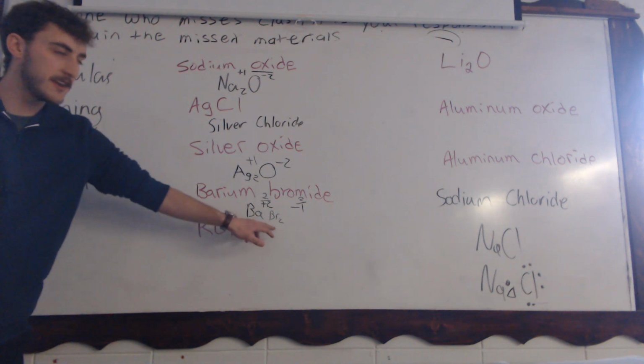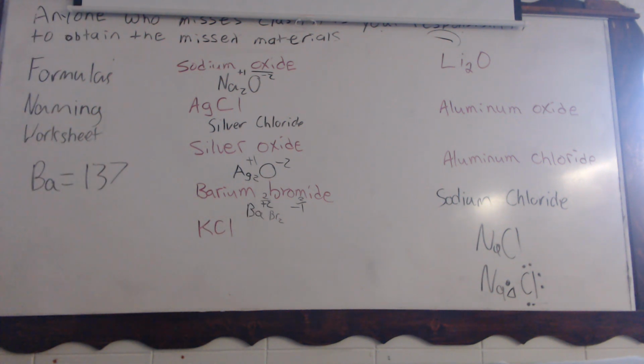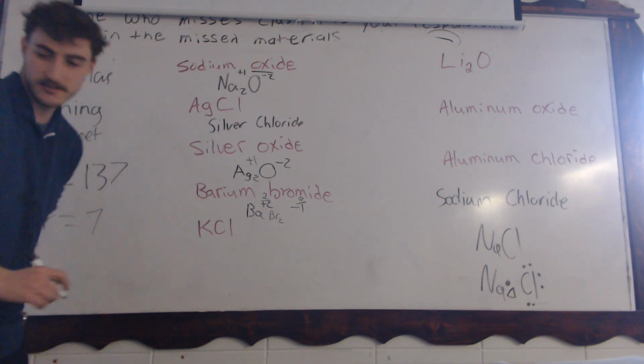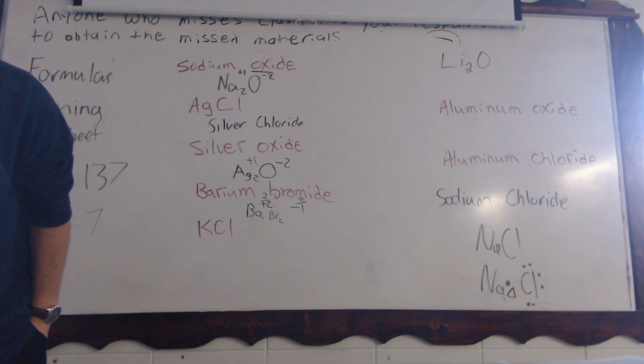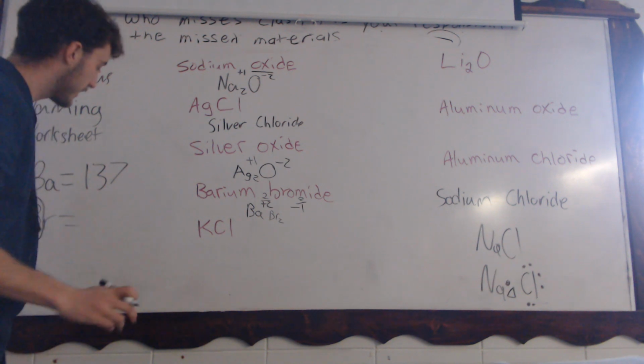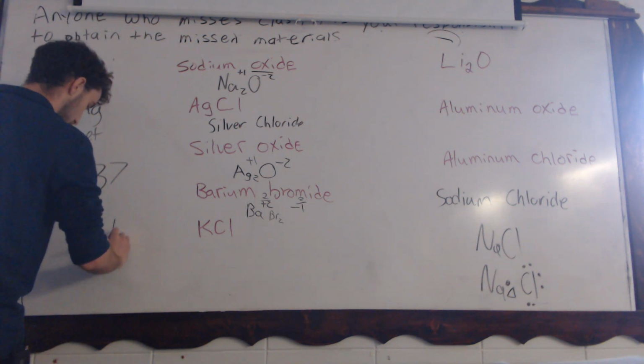What does bromine have for its atomic mass? Does everybody know where to find that? At the bottom. Yep. So bromine has what atomic mass? 78, 79? Round it up. Let's just do the real number. Oh, it is 79.